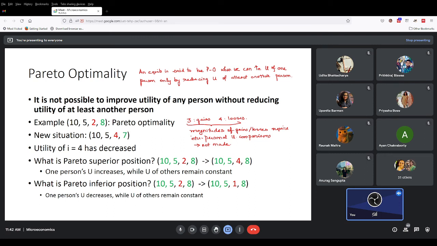The third person is losing now and the fourth person is gaining. So again you cannot say which is better. Now you will say that 10, 5, 4, 7 is a Pareto optimal equilibrium.